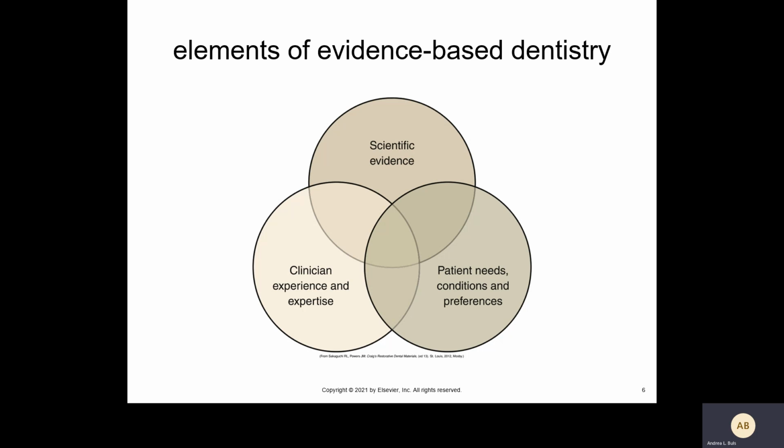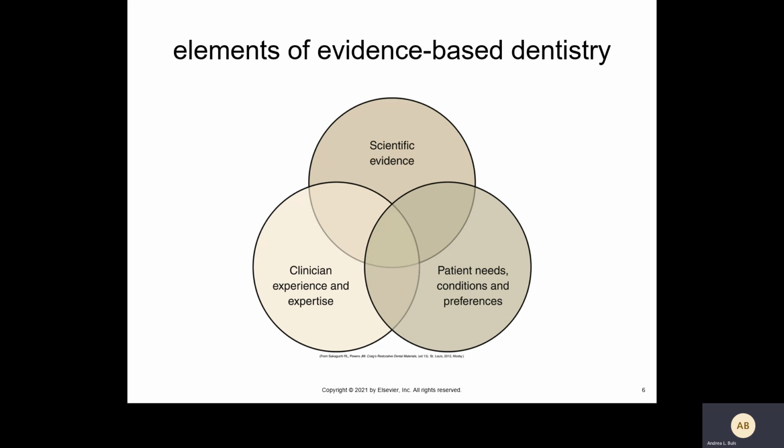Some of the elements of that evidence-based dentistry, as we were talking about, is that scientific evidence, meaning that there have been, like I said, studies done on a broad sample of people, and it has been proven to be true. Then we've got the clinician's experience and expertise.